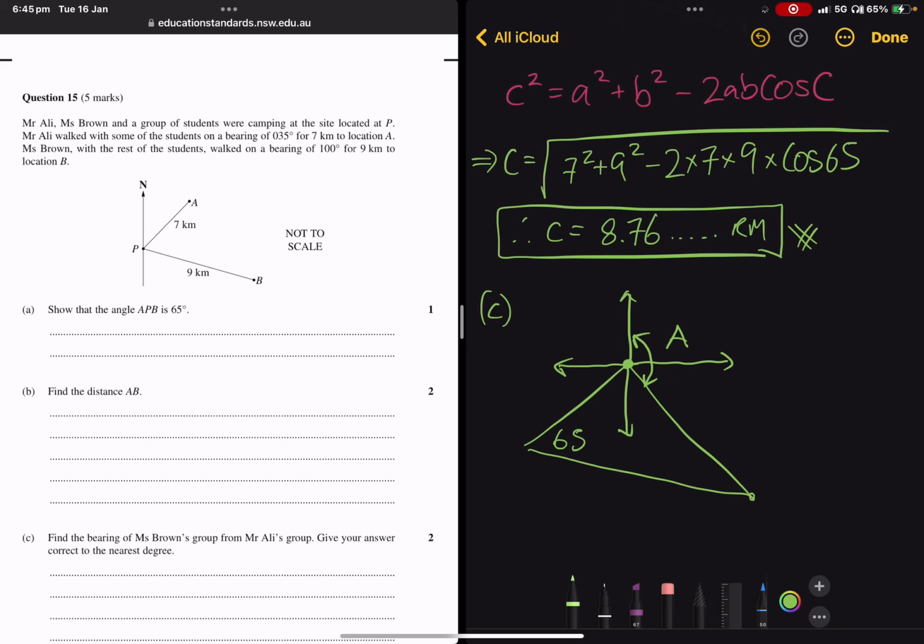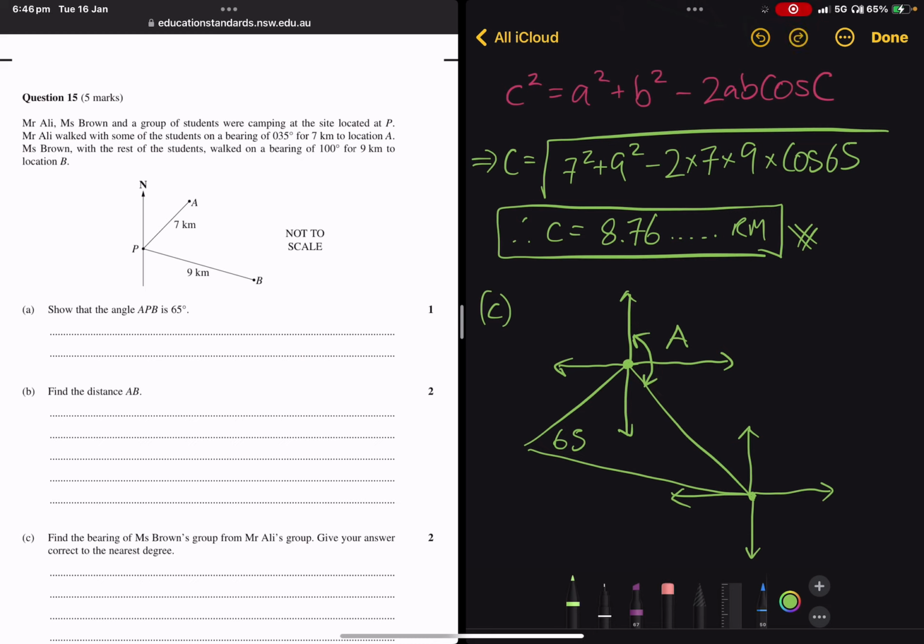And then Mrs. Brown's group is down here. We could draw a little compass around this as well, but we are not necessarily after bearings down here. We are really after this bearing here of Mrs. Brown's group from Mr. Ali's group. And we have to give our answer correct to the nearest degree.